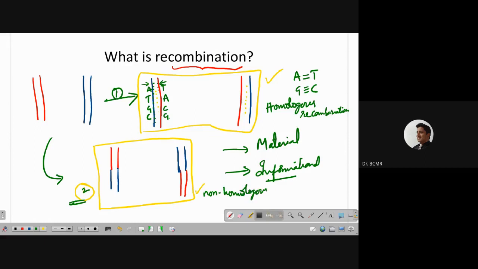Okay, so in non-homologous recombination, there are multiple ways again. One of them is, say, site-specific recombination. Some of them randomly break and sometimes are ligated. So these are all grouped into non-homologous recombination. When we read about site-specific recombination and transposition, all those fall under this category.